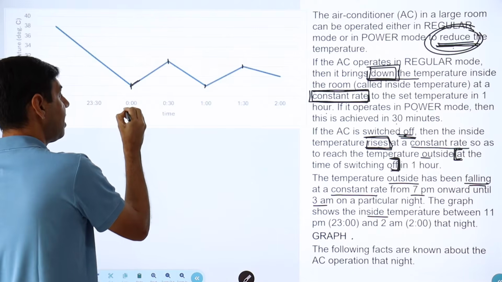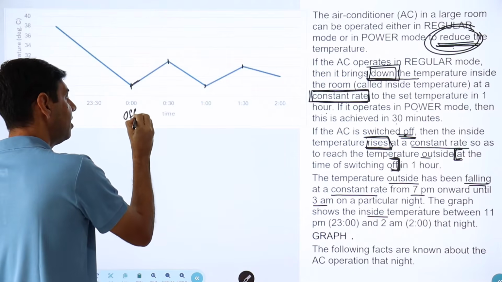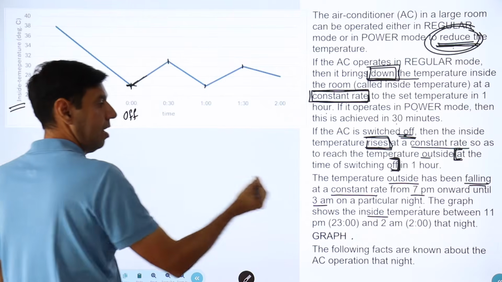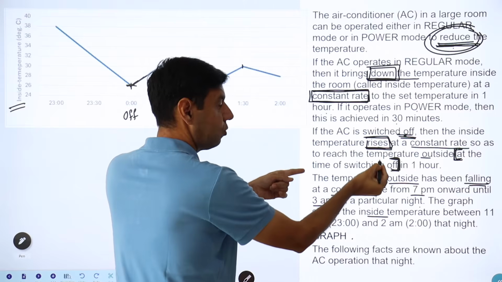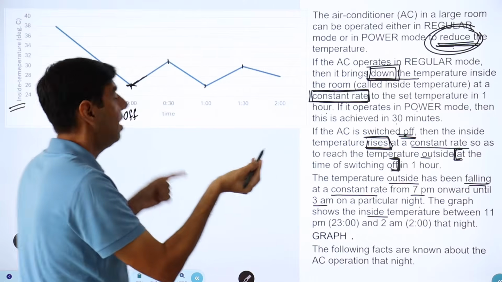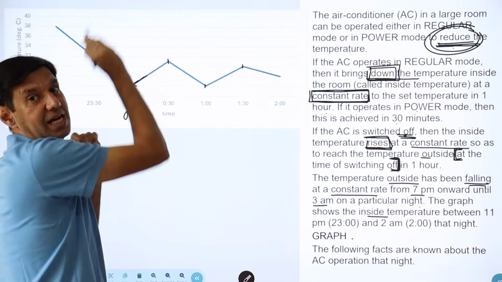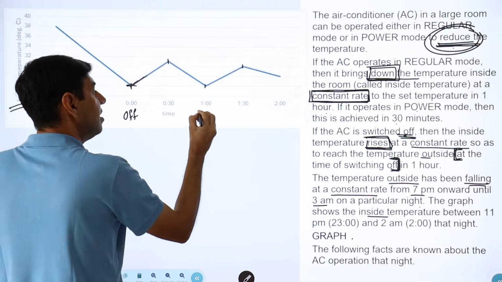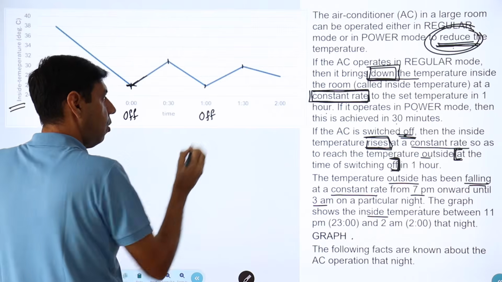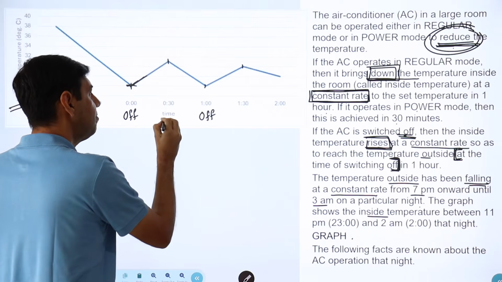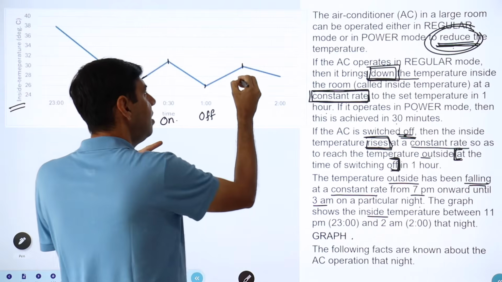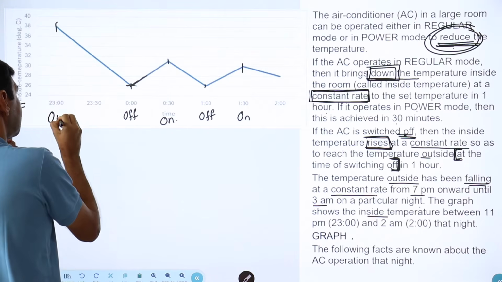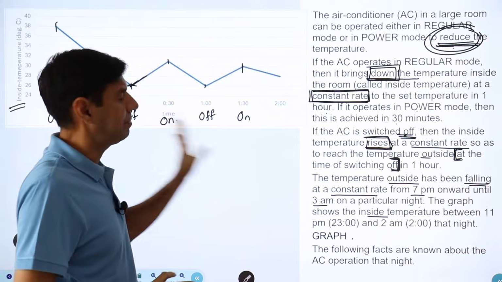So that means at 12 I have switched off the AC and now the temperature starts rising, such that it reaches the 12 o'clock outside temperature in 1 hour's time. Here also I would be putting the AC off. Now to reduce the temperature, I'll obviously put the AC on. Here also, to reduce, I'm going to put it on, right? So these things are the bigger picture we have.